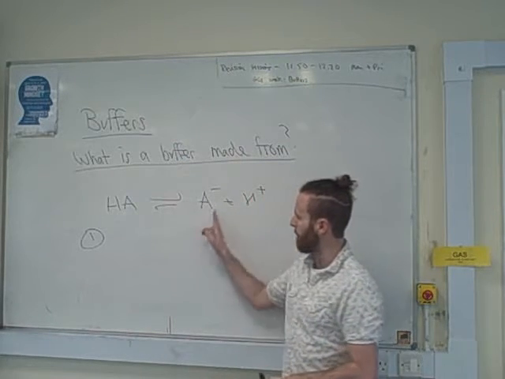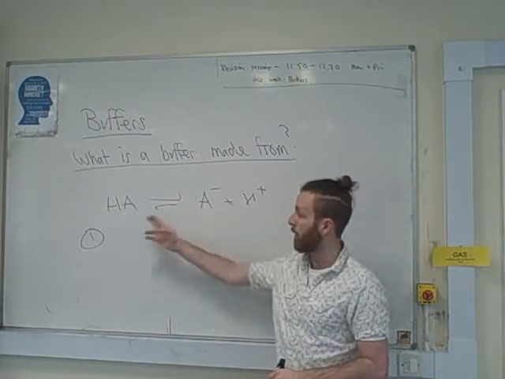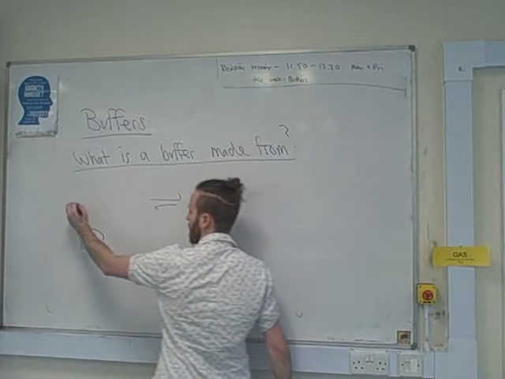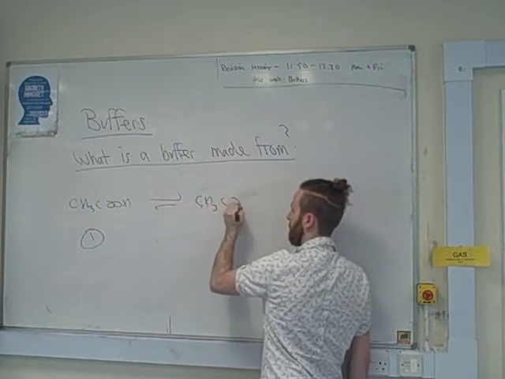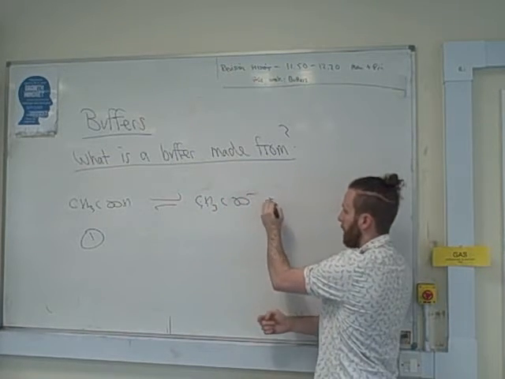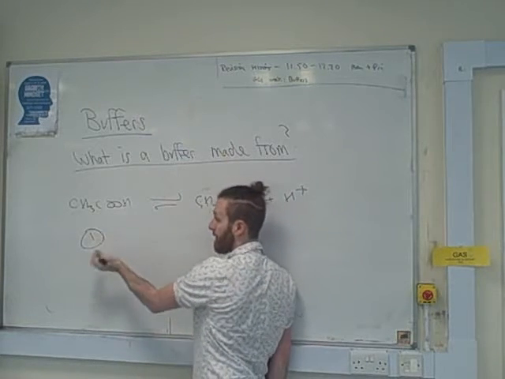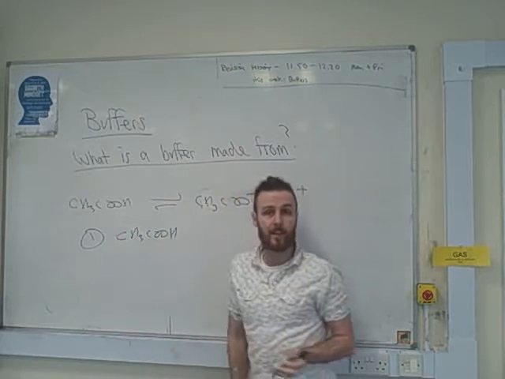So rather than using A- and HA, let's apply this to an actual equilibrium now. Let's use ethanoic acid, CH3COOH, and its conjugate base, because it's lost that proton, that H+, and look, there it is. So the first way we can do it is by simply adding a large amount of weak acid.